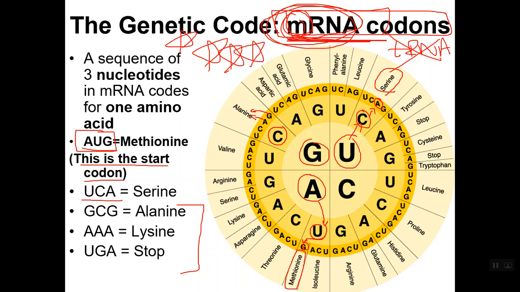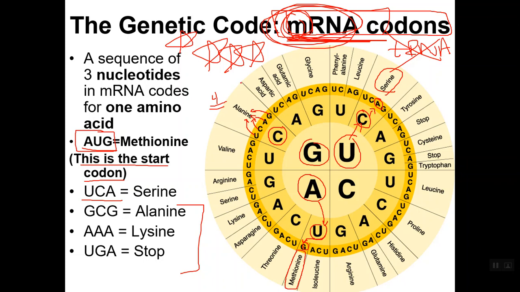GCC gets you alanine, as does GCU. So alanine has 4 different codons that it corresponds to. It's not 4 for all of them. Aspartic acid right next to it only has 2 codons, GAC and GAU.